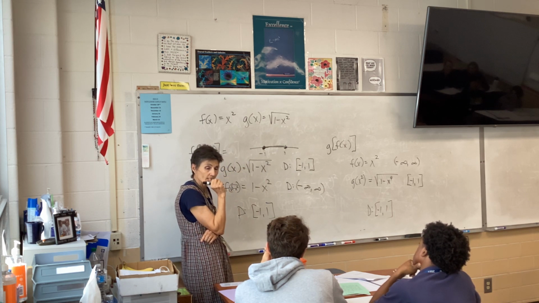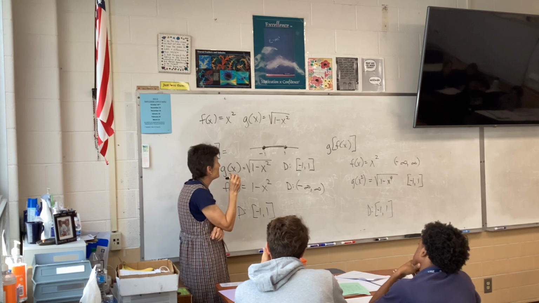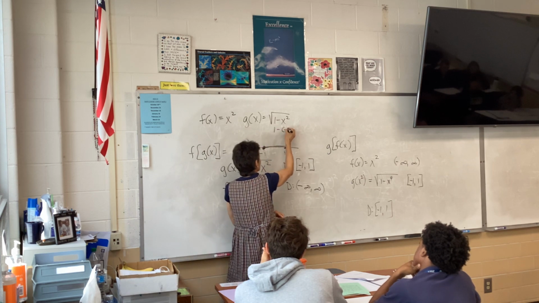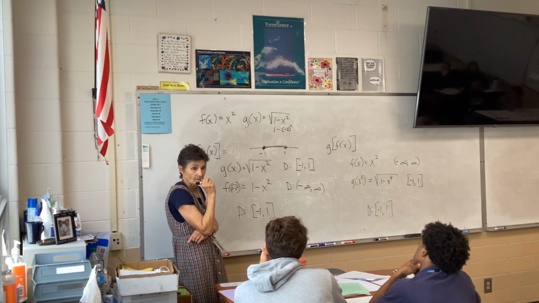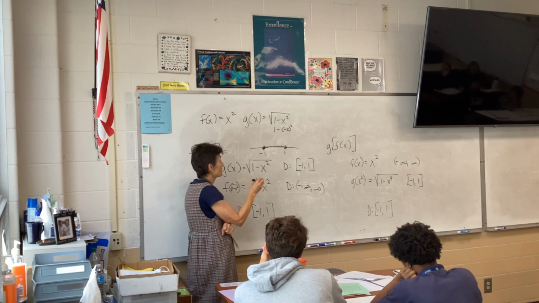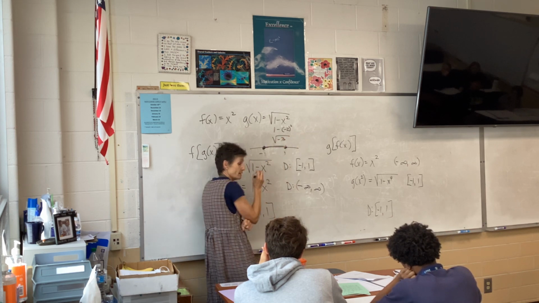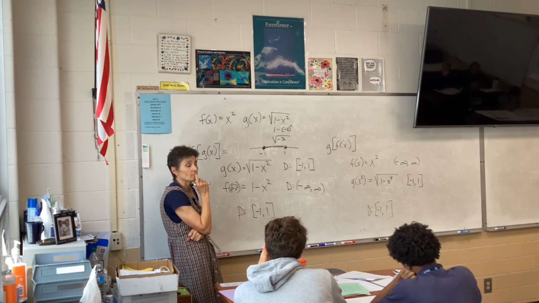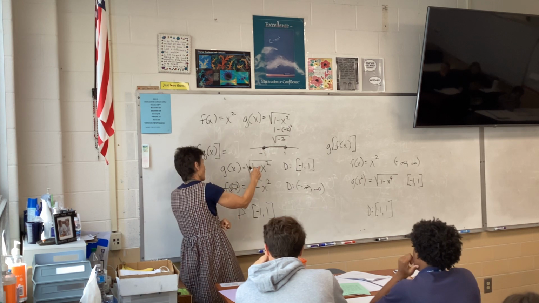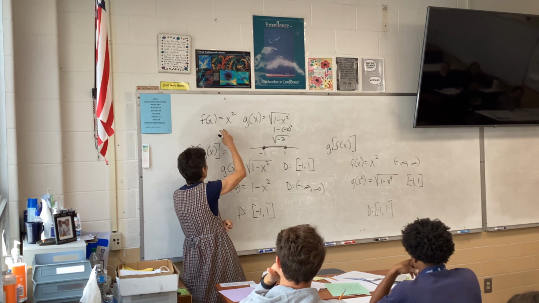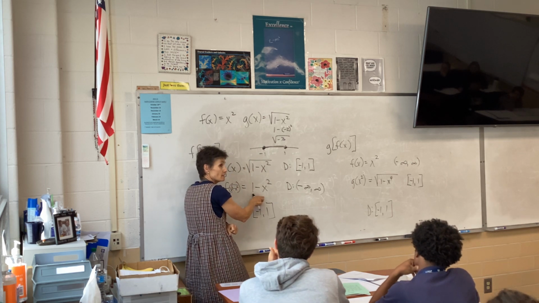Wait, why wouldn't a negative like 2 work? Because what's 1 minus -2 squared? 1 minus 4, which is -3. So then I went ahead and took that, plugged it into f, and got this.